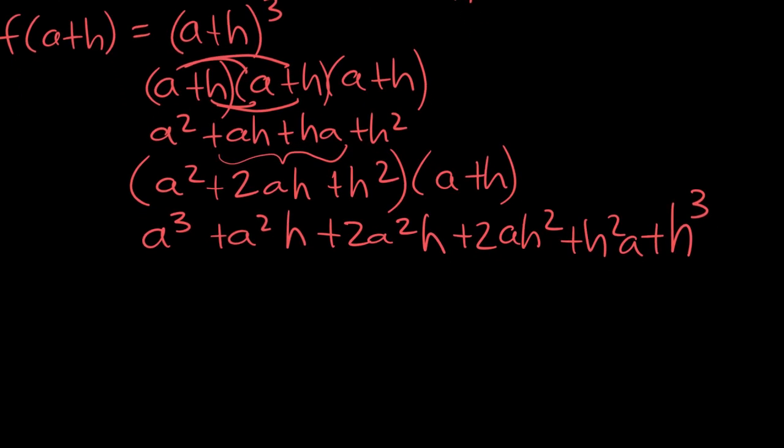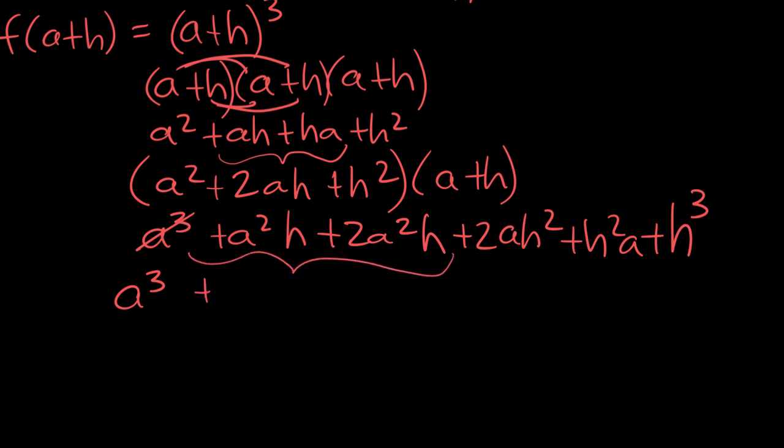So what that ends up being is I have a to the third. That's taken care of. How about a squareds? I have this one here. So this is a squared h and 2a squared h. So I'm making sure that that's, yeah, that should be right here.